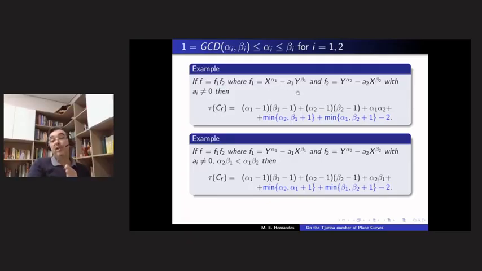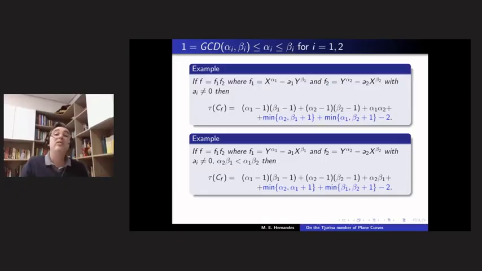But each branch is quasi-homogeneous, so the Milnor number of each branch coincides with its Tjurina number. So here is the Milnor number of F1, here is the Milnor number of F2, plus the intersection multiplicity of F1 and F2, which is precisely alpha 1 times alpha 2, plus the analytic invariant given by the cardinality of the difference of value sets.